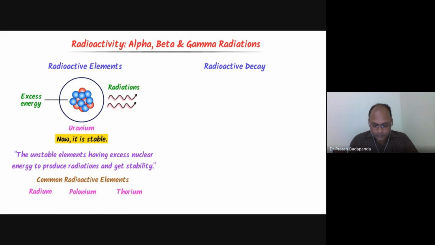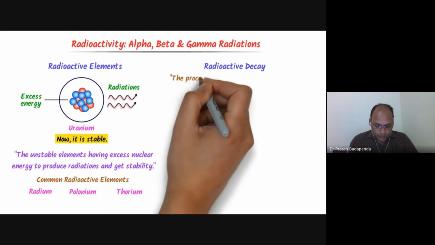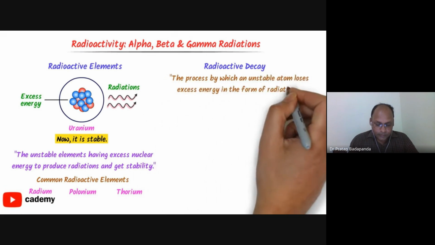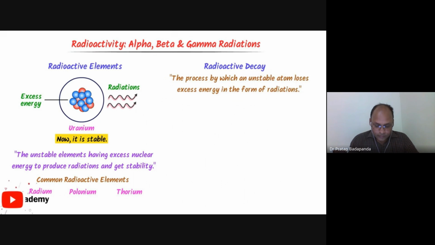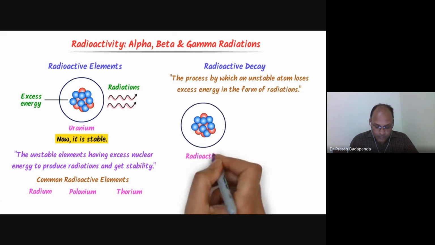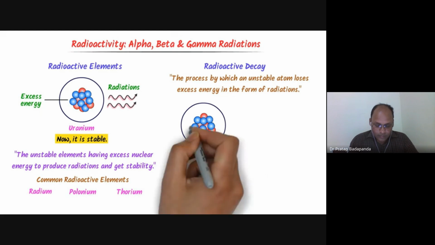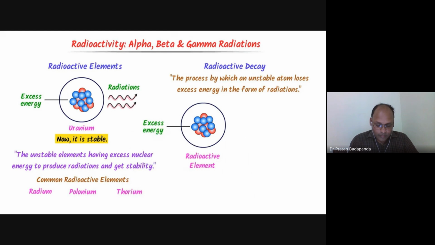Radioactive decay is defined as the process by which an unstable atom loses energy in the form of radiations. Consider this radioactive element. We know that it is unstable and its nucleus has extra or excess energy.